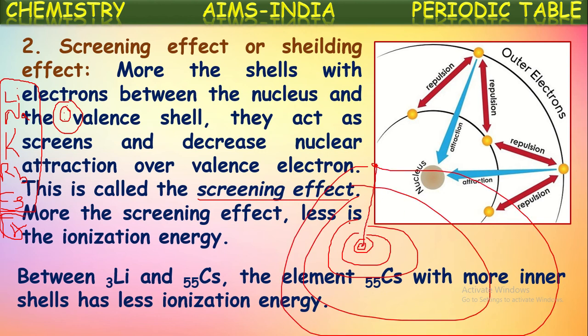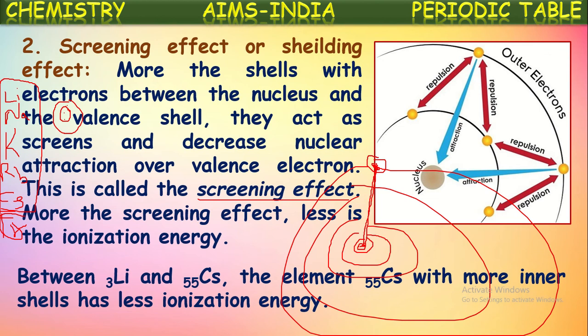So these inner shells will shield or screen this outer electron which is present in the outermost shell. So because of this shielding of inner electrons, nuclear force of attraction on this electron will be decreased. So when it is ionization, nuclear force of attraction decreased, what happens? The removal of this electron becomes very easy.